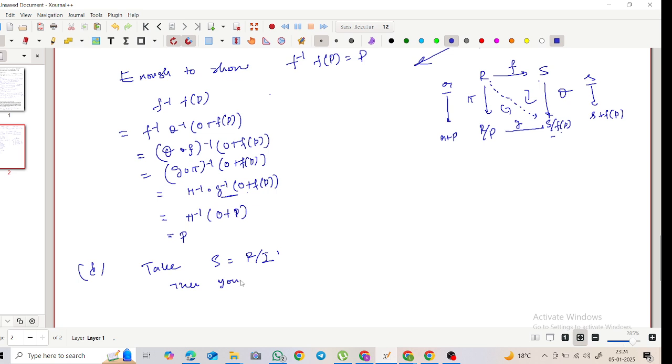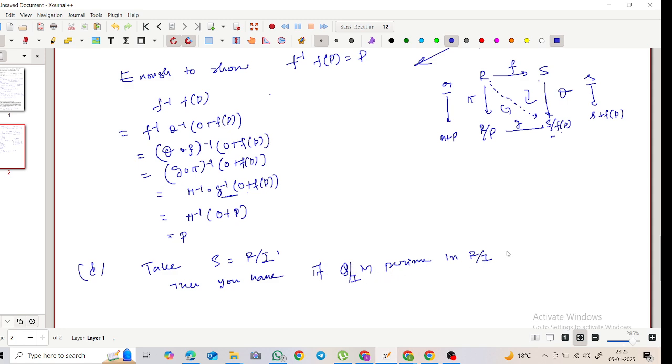you have, if Q is prime in R mod I, maybe I should write it like this.